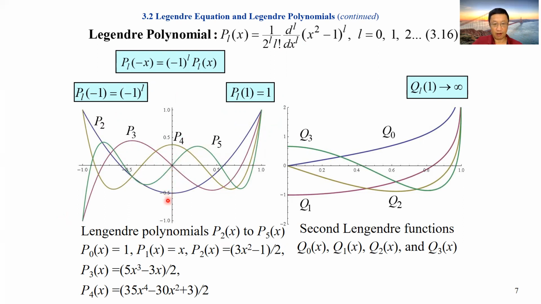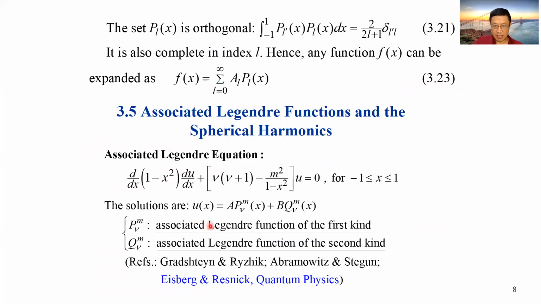Still 0, because in some regions it's positive, but in other regions it's negative. So it's still 0. I will show you. And it's orthogonal and complete in index L. This is a very important property of the Legendre polynomial.